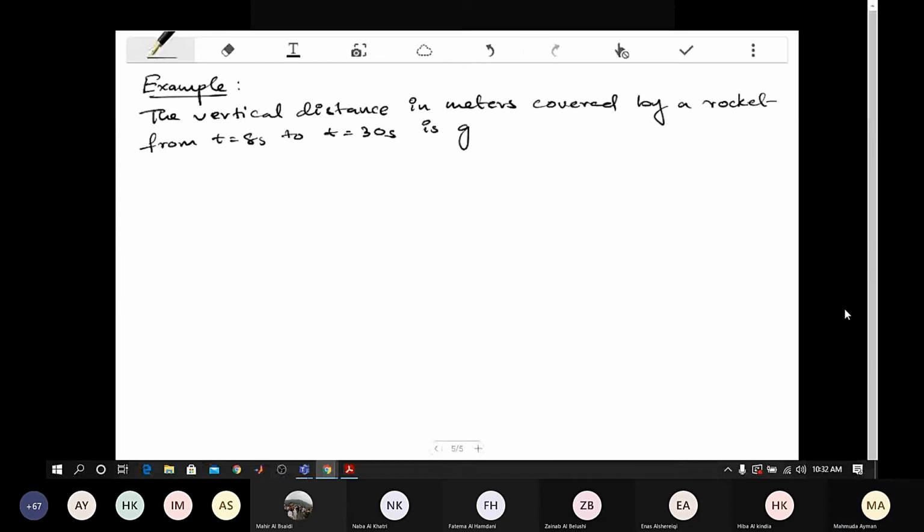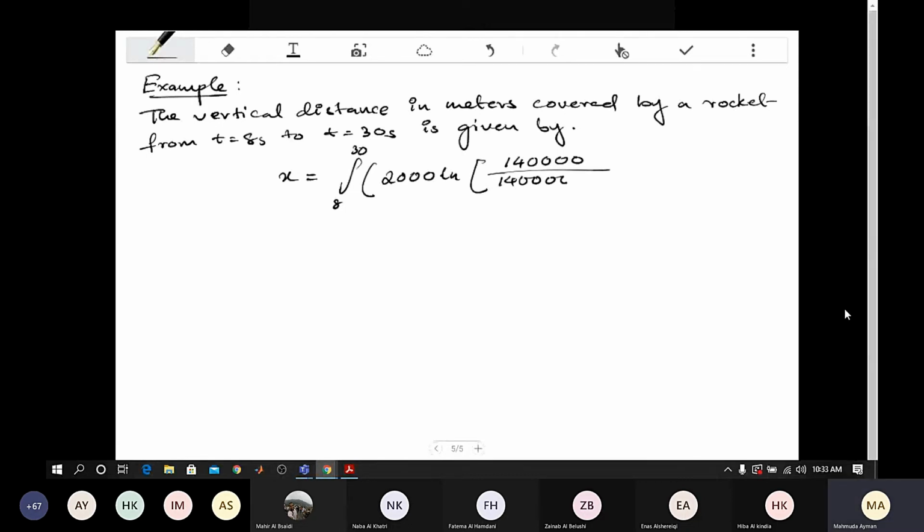x, where the integration is from 8 to 30, and the function is 2000 ln of 140,000 divided by 140,000 minus 2100 t, minus 9.8 t, dt.